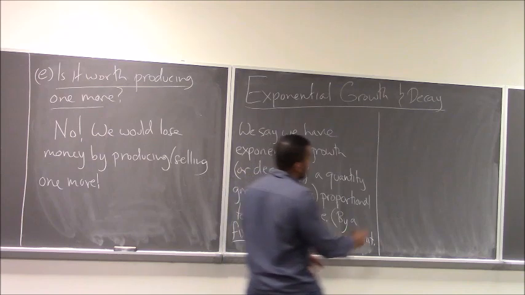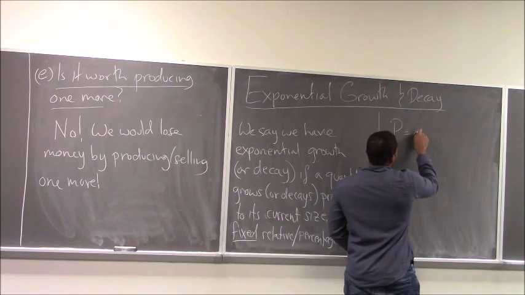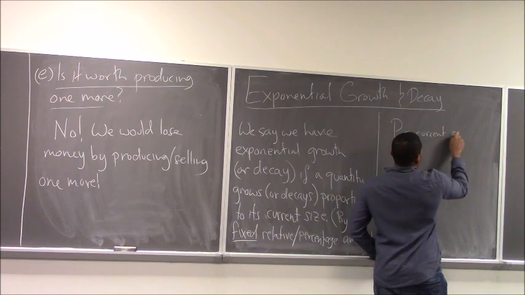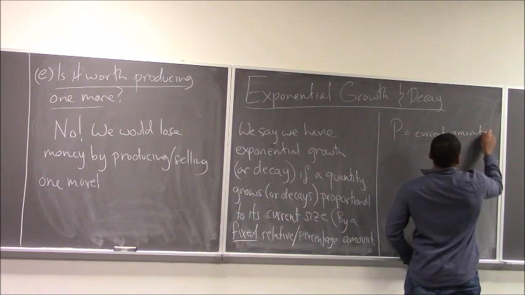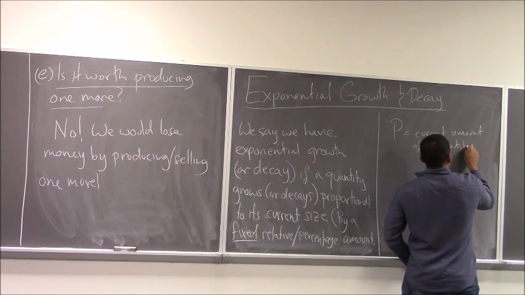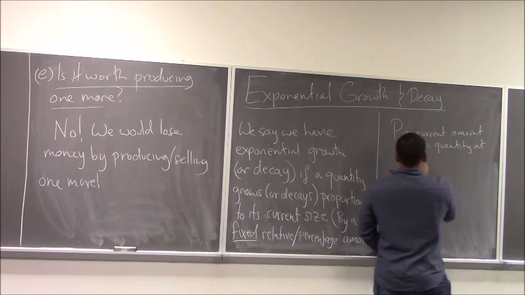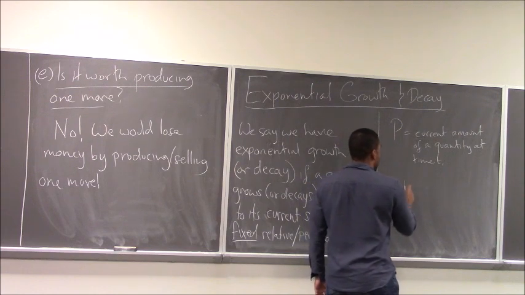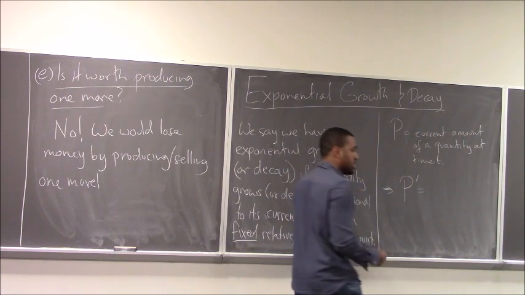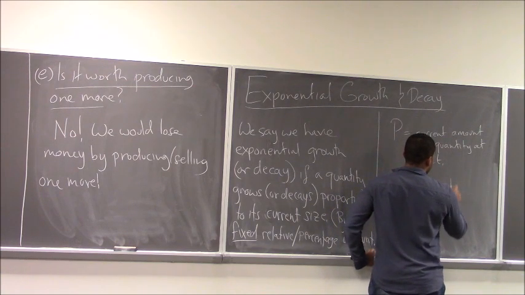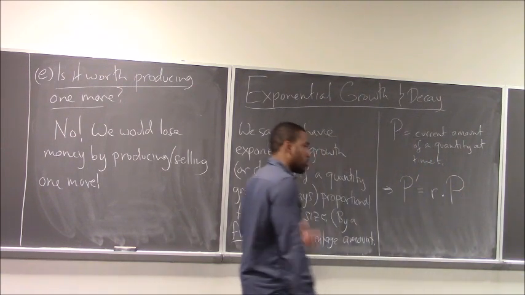So when you talk about the definition, if P is the amount, then you can say that the rate of change of P, how fast P is changing, is going to be some constant amount times the current amount. That's what it means to be proportional.